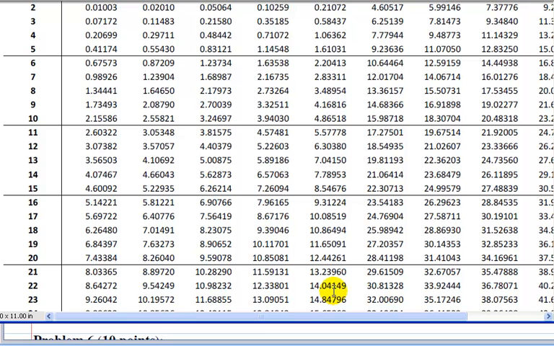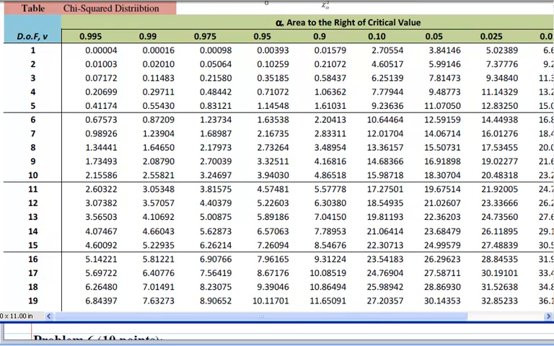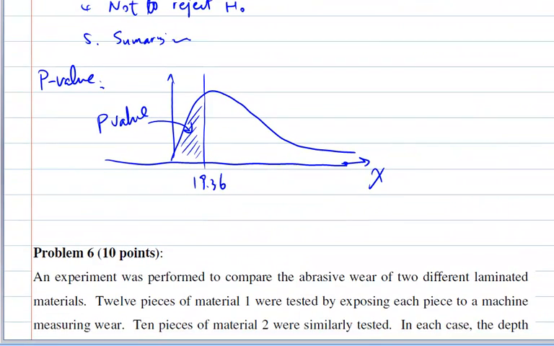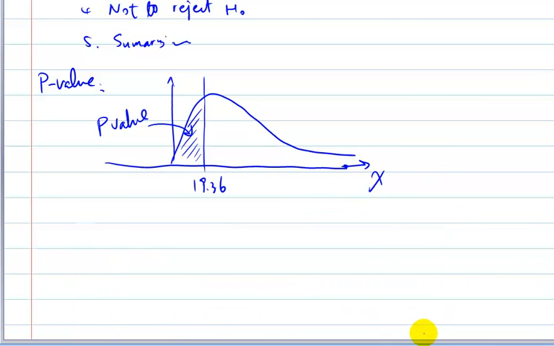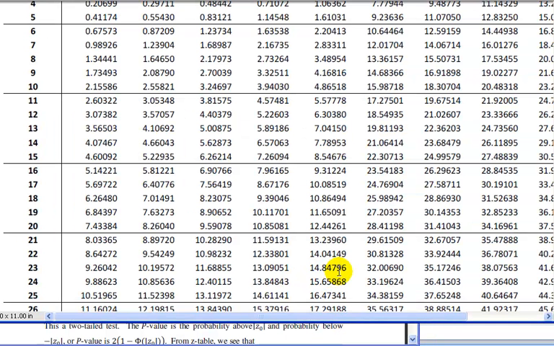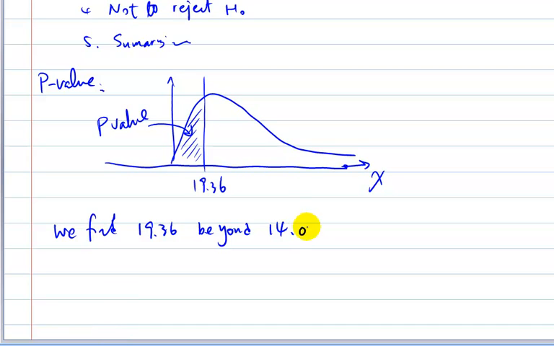So 14.04 is 0.9 here. That means there is an area of 0.9 to the right of 14.04. So we find that 19.36 is beyond 14.04.